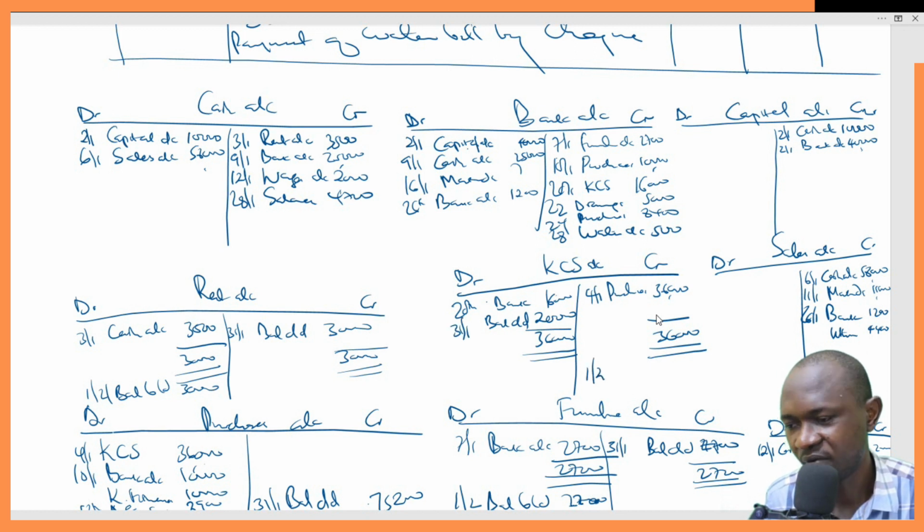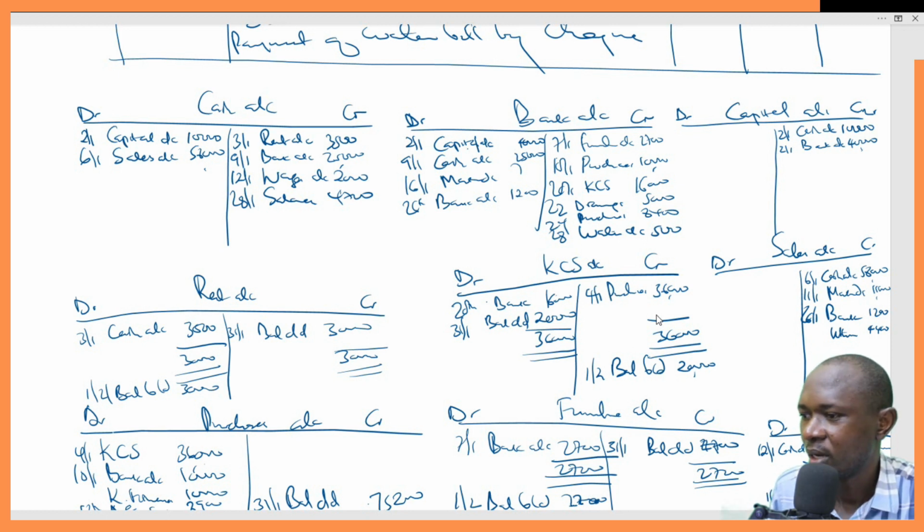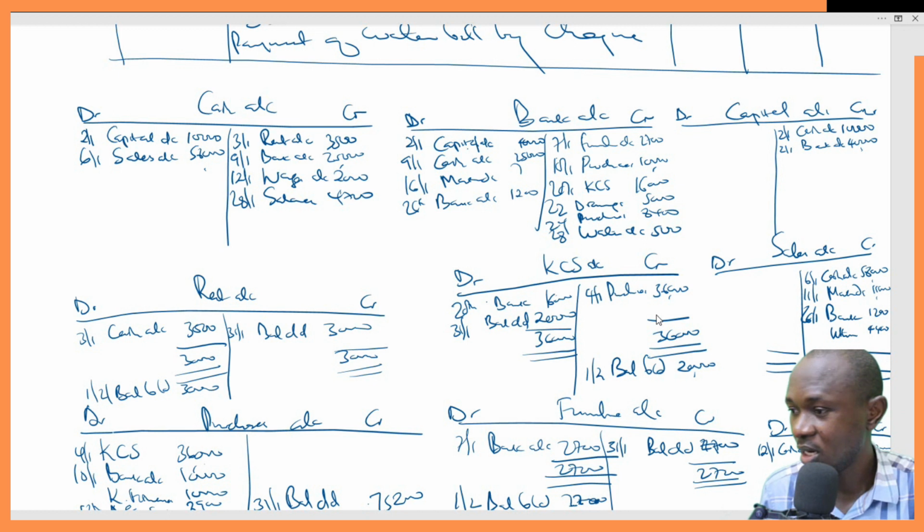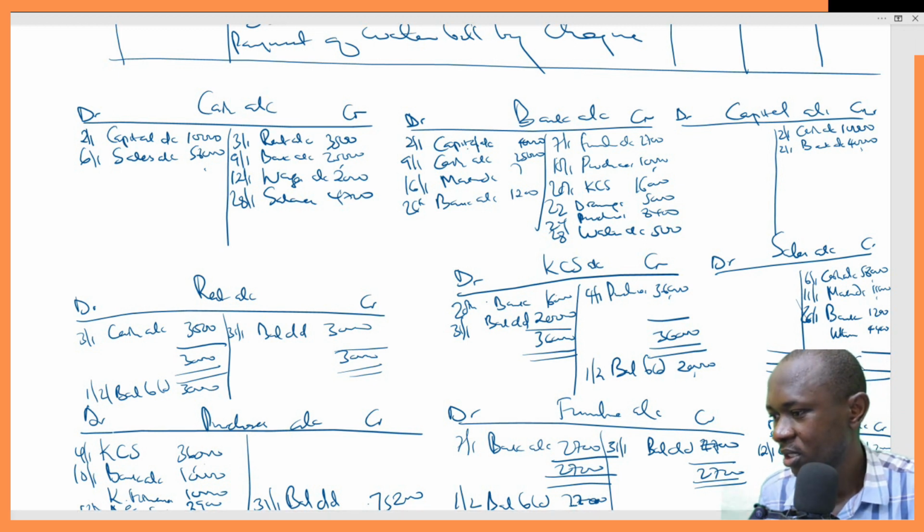Case like this one of sales, just get the total, and the total will be used on both sides. So for the sales account, the total is 83,900. You have it there. So balance carried down 83,900.